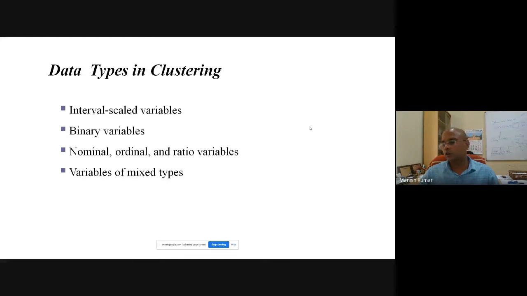Suppose you are talking about a set of colors, say red, green, blue, white, or black. Your data attribute has a set of discrete values, and you want to transform it into binary variables.